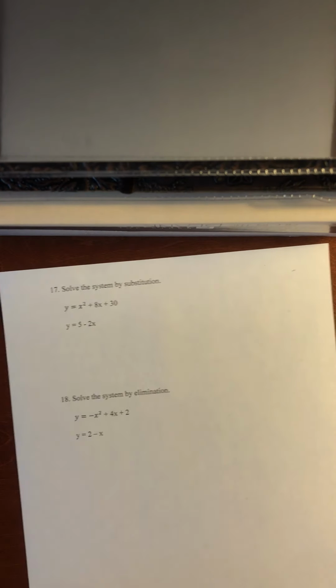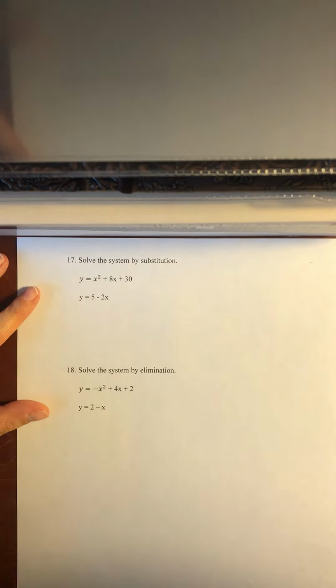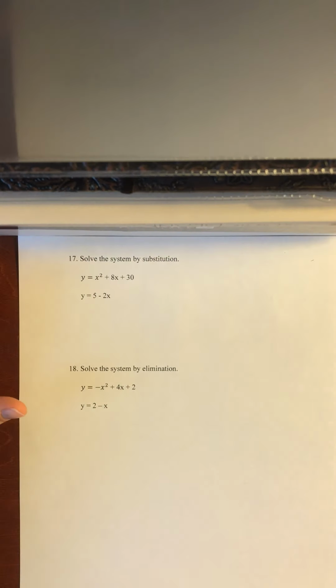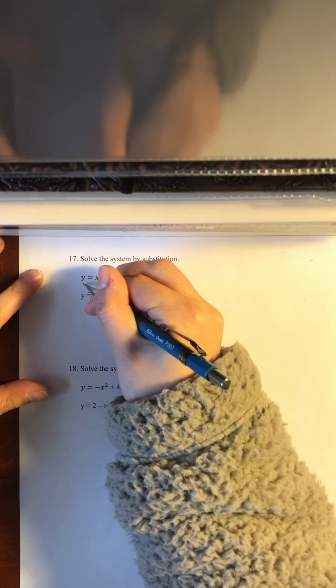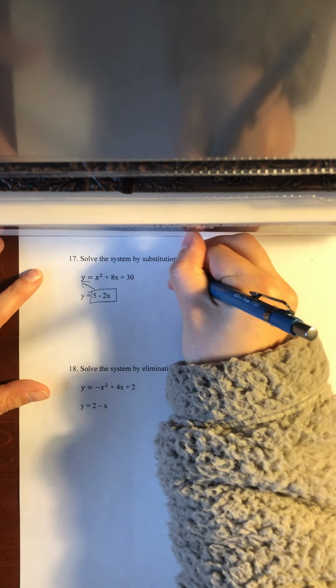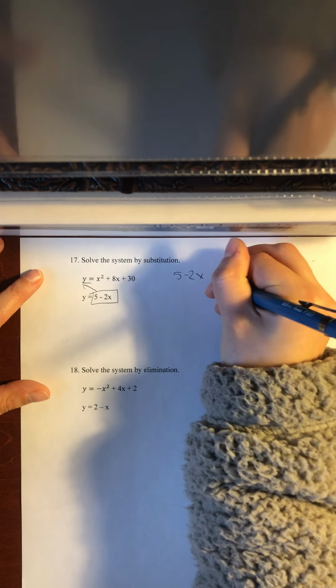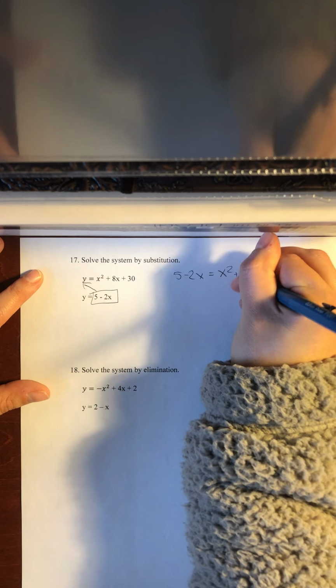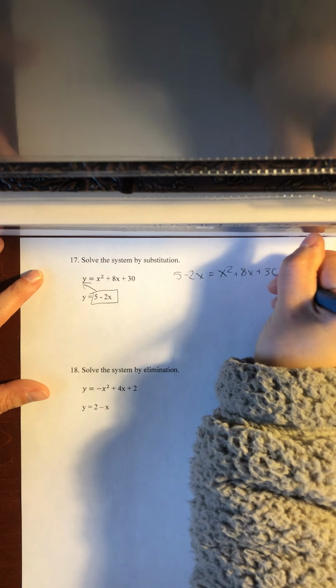Okay, next, solve the system by substitution. So for substitution, we're going to take 5 minus 2x and plug it in here. So 5 minus 2x equals x squared plus 8x plus 30.